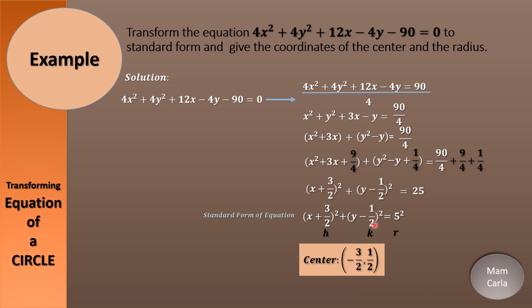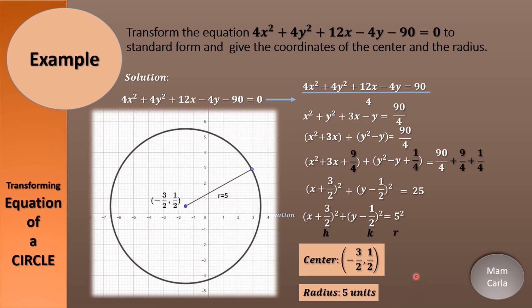Negative 1 half here will become positive 1 half when we write it as center. So the center is at negative 3 halves, 1 half. And the radius is, of course, 5 units. So graphically, we can say that the center is at negative 3 halves, 1 half. And the radius is 5 units.